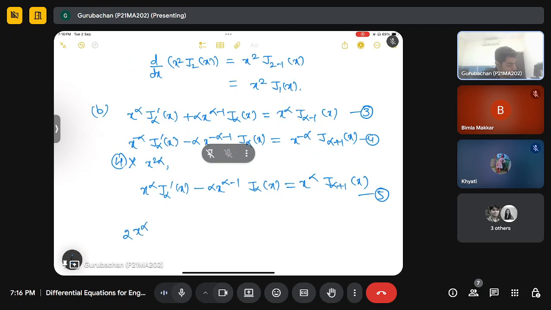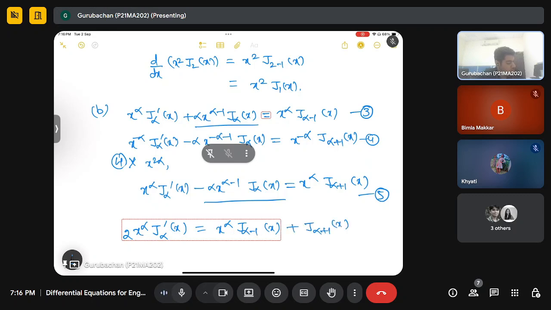2 times x to the power alpha J alpha dash x. If you add them, this quantity and this quantity will cancel out. So you will be left with x to the power alpha times J alpha minus 1 x plus J alpha plus 1 x, if I take x to the power alpha common.